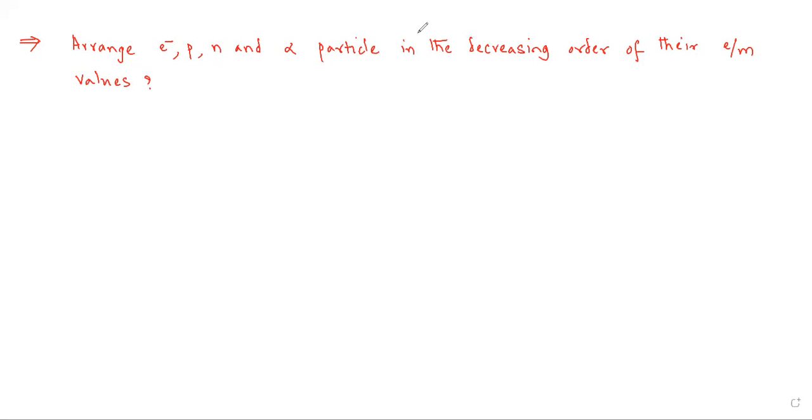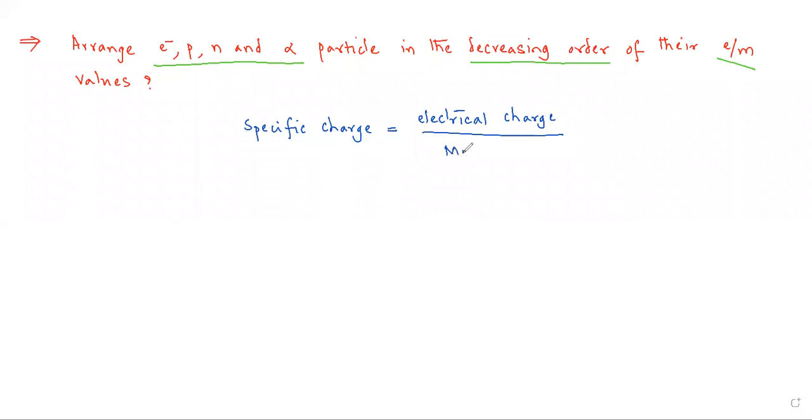You have to arrange electron, proton, neutron and alpha particle in the decreasing order of their E by M. You know, specific charge is nothing but electrical charge by mass, right? Nothing but E by M.